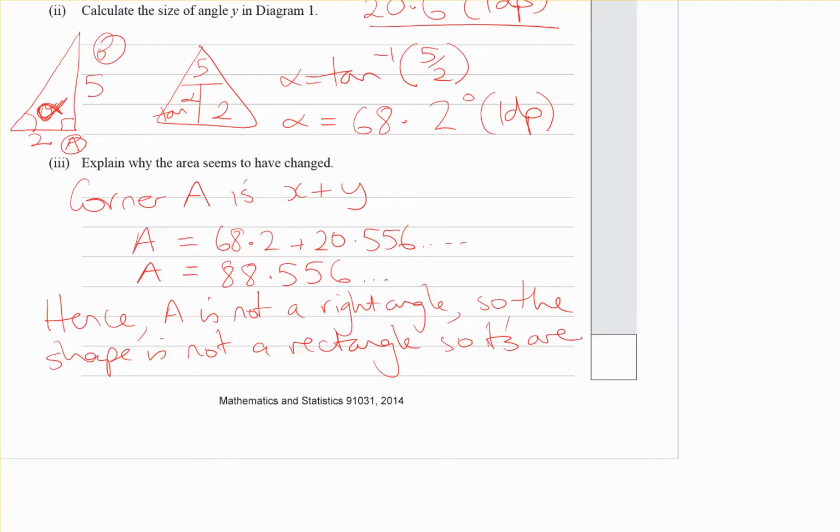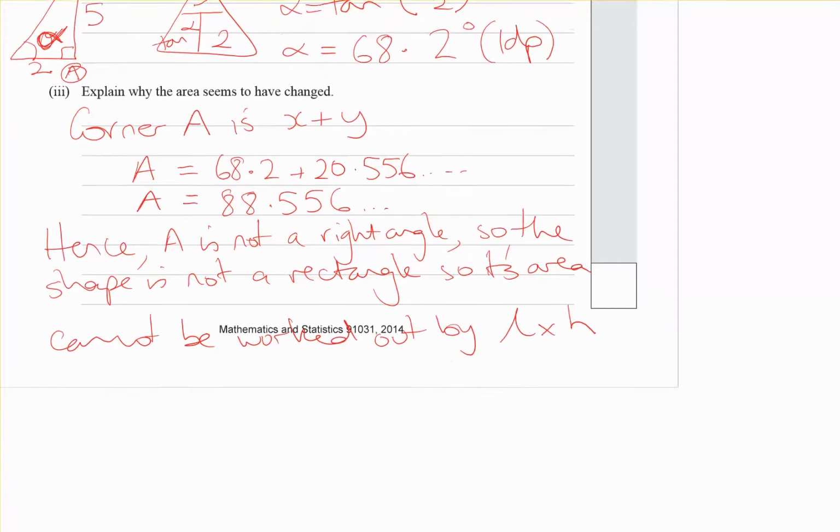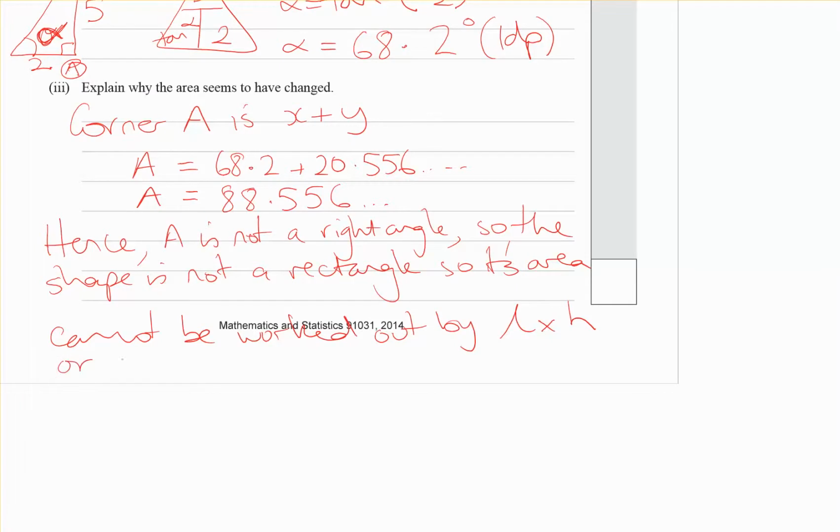So its area cannot be worked out by length times height, or 5 times 13 equals 65. That will not be correct. You can write more there if you like.